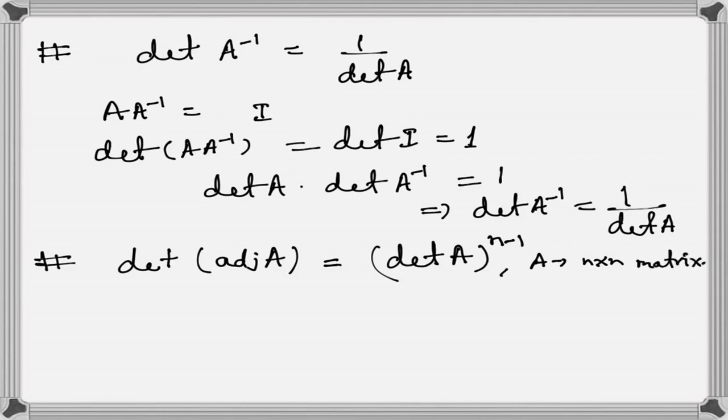This is also not very difficult to prove. So I think these are more or less the properties which we will be using when we solve problems related to determinants and matrices.